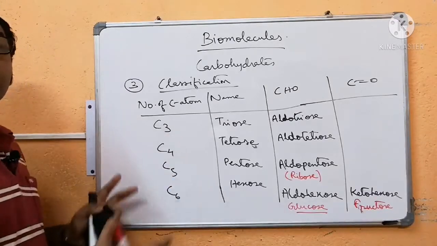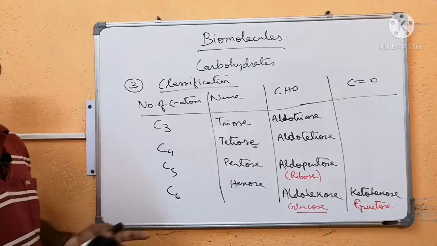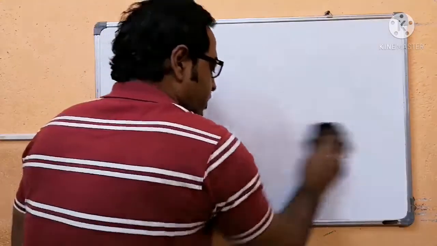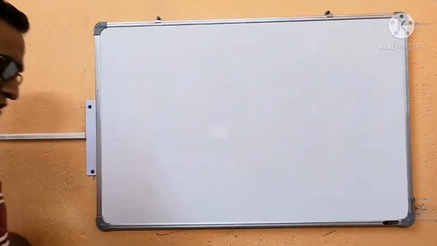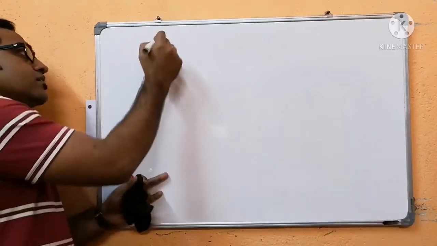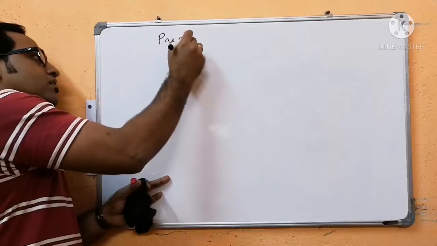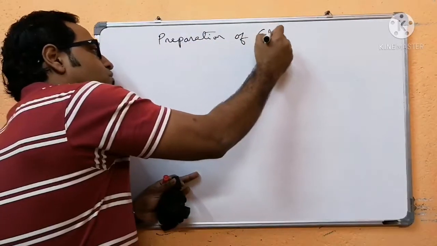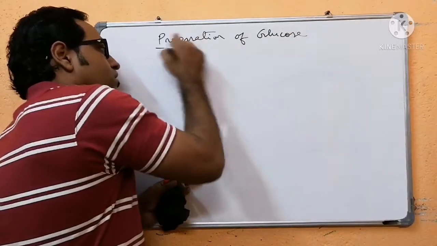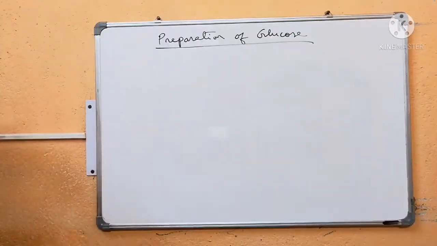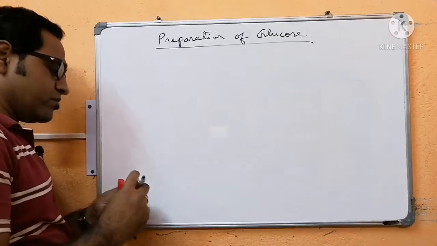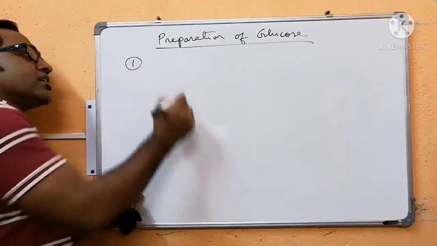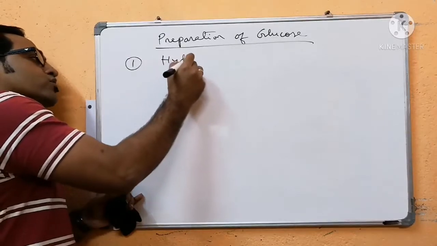Okay, since we have completed the classification, next we will move on to the preparation of glucose. Glucose can be prepared in the laboratory by hydrolysis of sucrose.